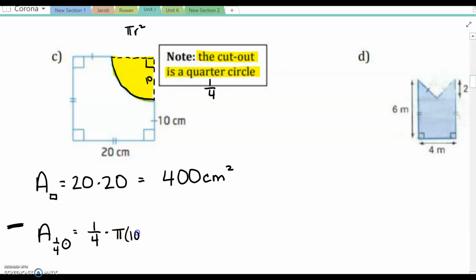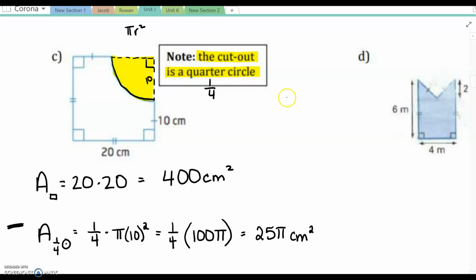So we have pi times 10 squared. So that's 1/4 times 100 pi, and that gives me 25 pi when I multiply it by 1/4. So 25 pi centimeters squared is the area of my quarter of a circle.